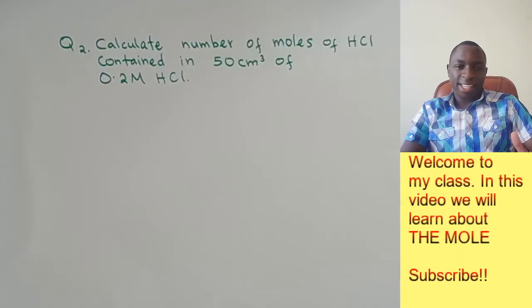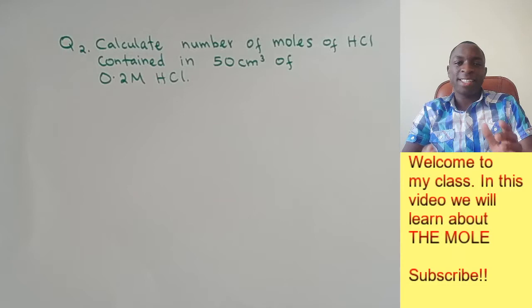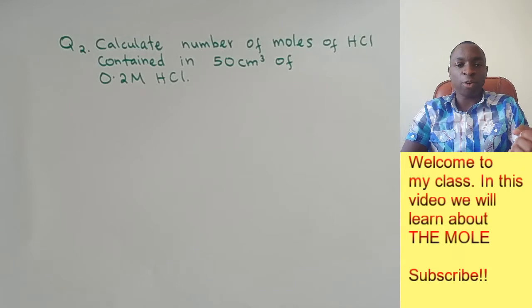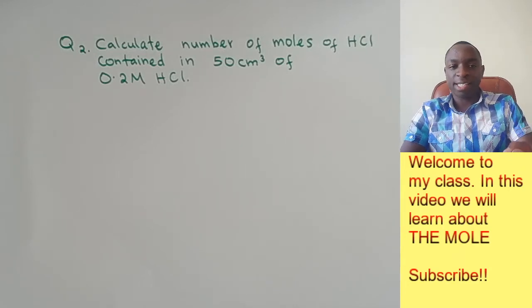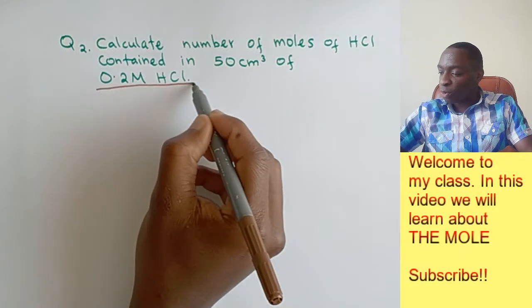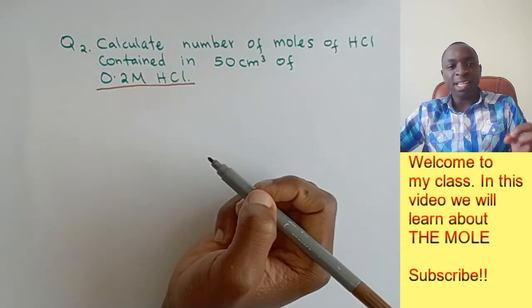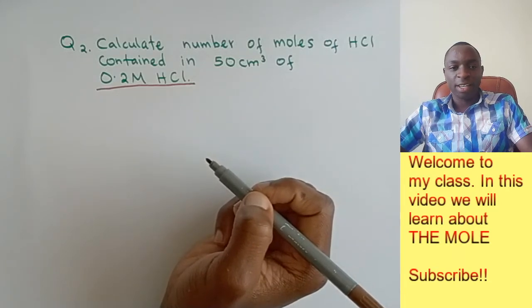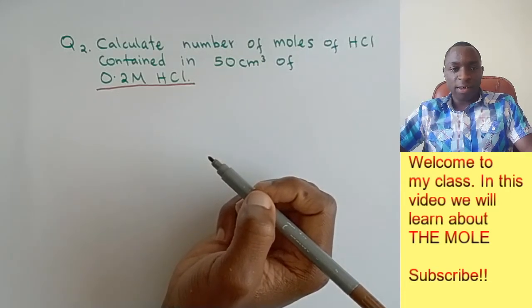Now in this second example, we are supposed to calculate the number of moles of hydrochloric acid contained in 50 cubic centimeters of 0.2 molar HCl. So you can see that this expression right here, 0.2 M HCl, means 0.2 moles per liter of hydrochloric acid. So now it's going to be very easy for us to do this.